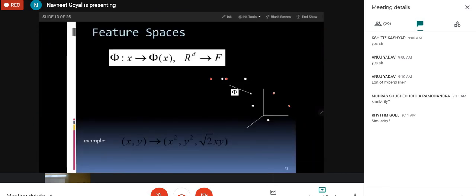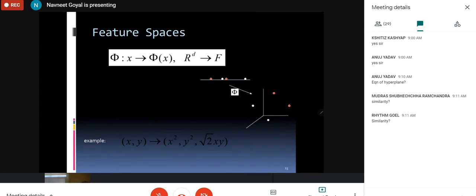So you see here, this is my input space. What is the dimensionality of the input space? These are 4 points that are given to me in the input space.